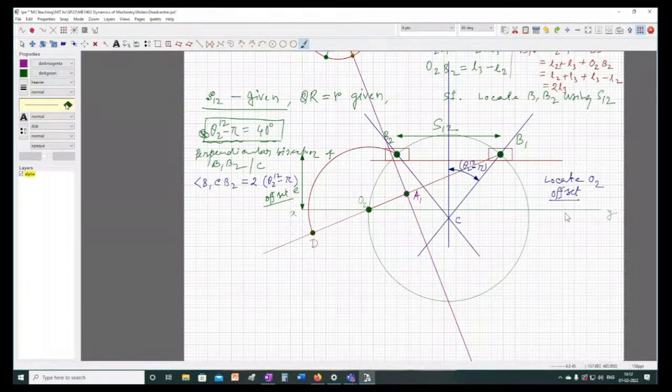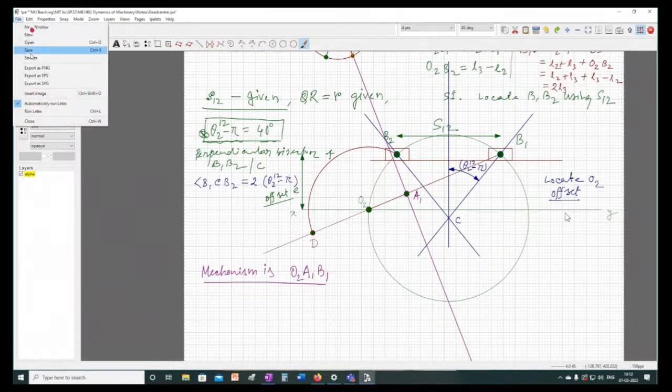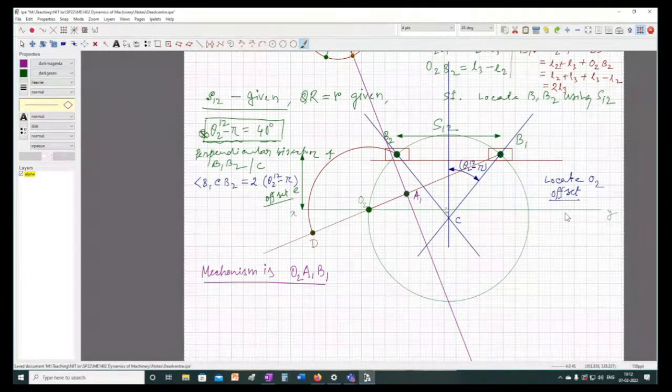And can we say the mechanism is O2 A1 B1? Do you see the mechanism? O2 A1 B1 is the mechanism. That means O2 A1 is L2 and A1 B1 is L3.